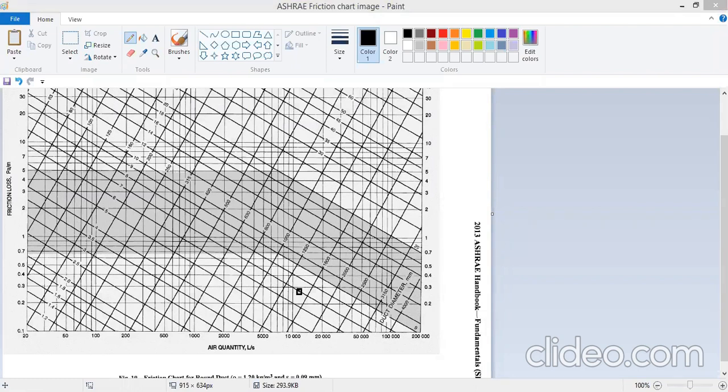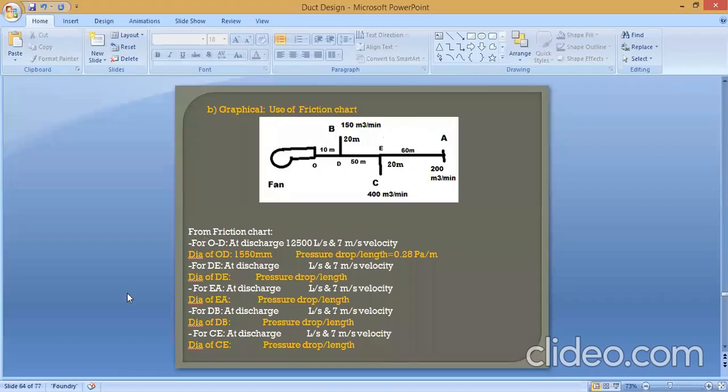And the pressure drop is 0.28, which is nearer to 0.3 pascal per meter. Now next, I hope you try to solve the rest of the dimensions.